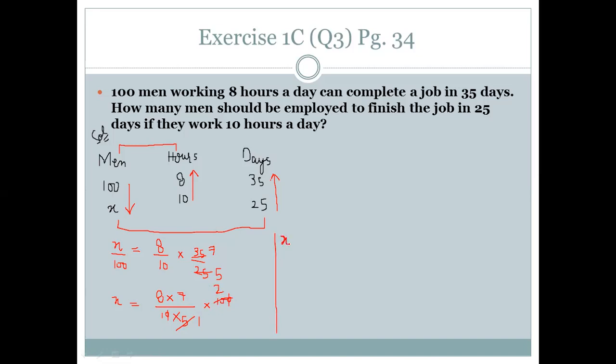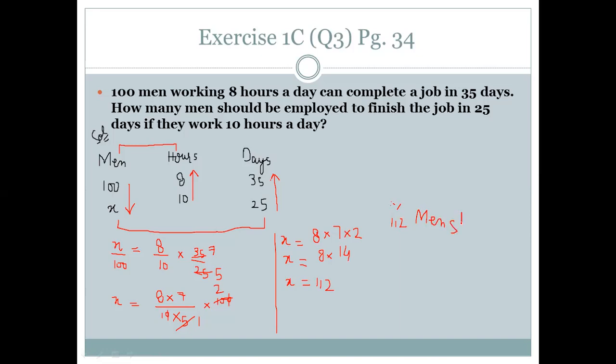And here x is equal to 8 into 7 into 2. 7 twos are 14, 14 eights are 112 men.